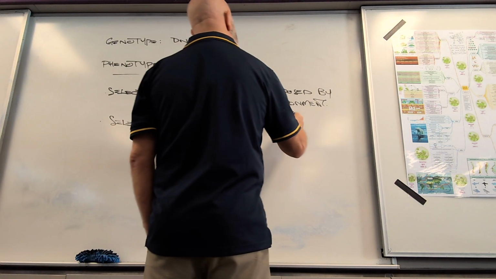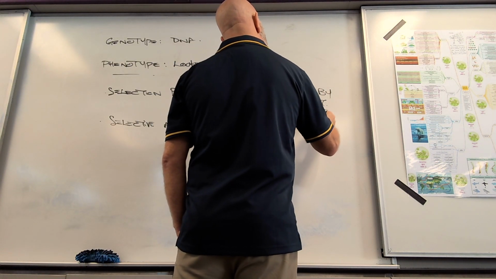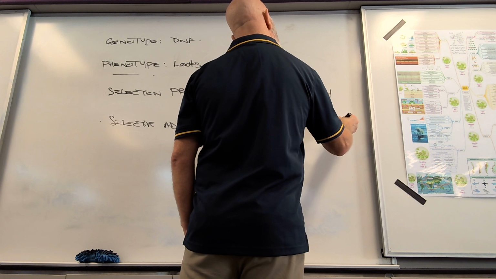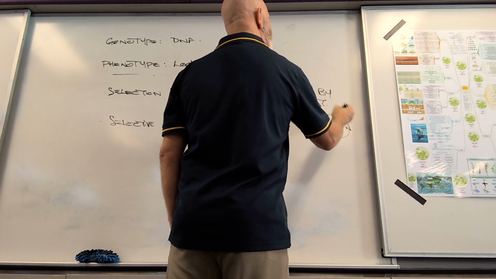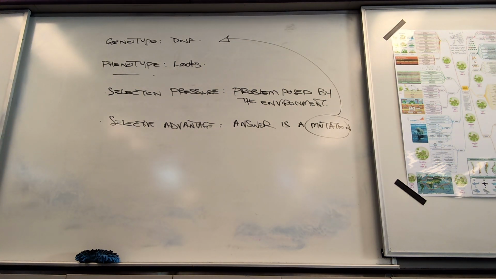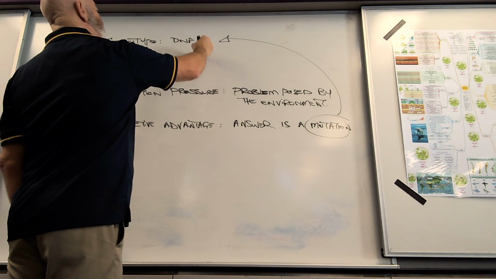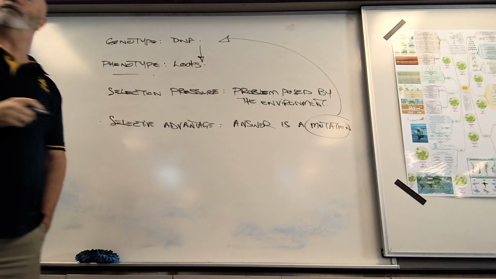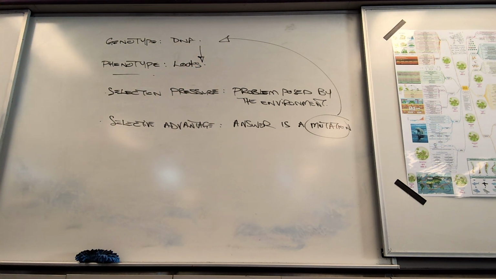The answer is a mutation. The mutation is the genotype. The mutation is a change in the genetic code, and that affects the characteristics of the organism.